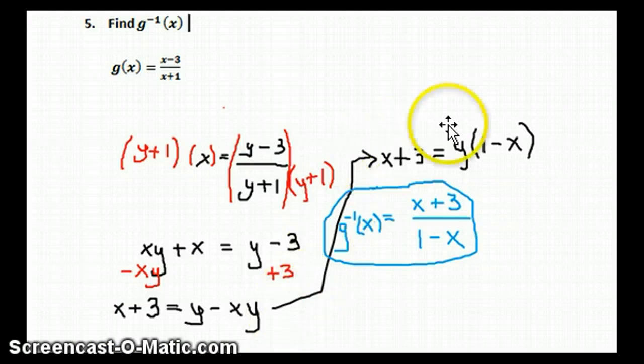And over here, you see I then factored out a y, because it's y minus xy. So that's y times (1 minus x), and then I divided 1 minus x from each side to get the final inverse, which is (x plus 3) over (1 minus x).